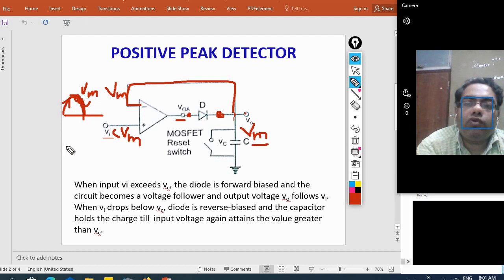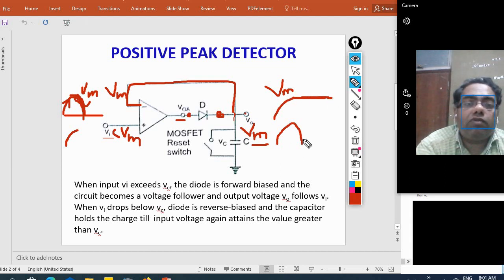So if I plot the output with the input, it is rising from 0 as the input is rising. But when it reaches Vm, the output remains at Vm. My input voltage from maximum has come down, but the output is remaining at Vm as long as the input is less than Vm.